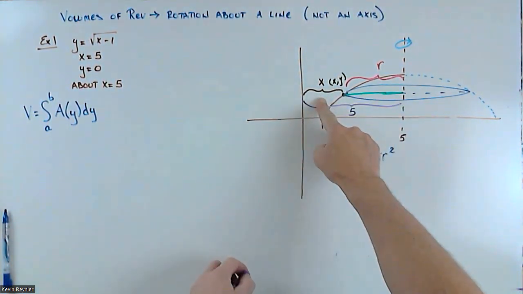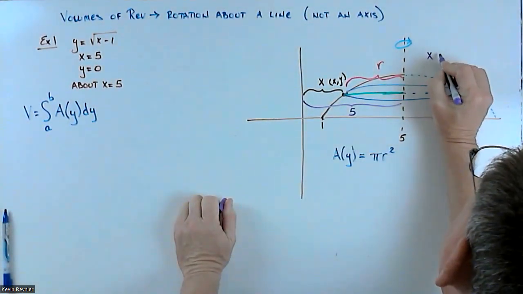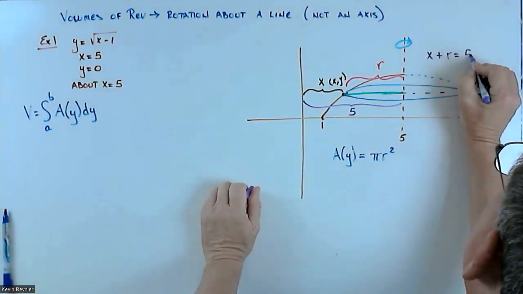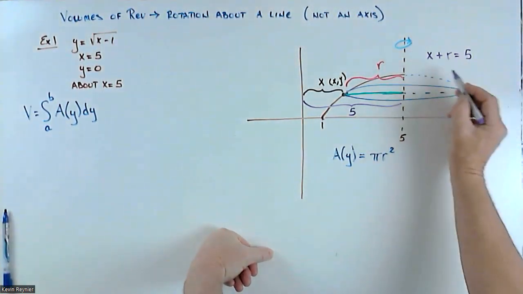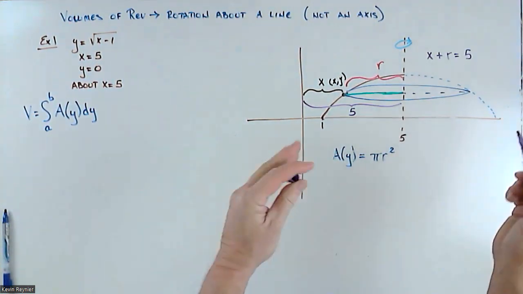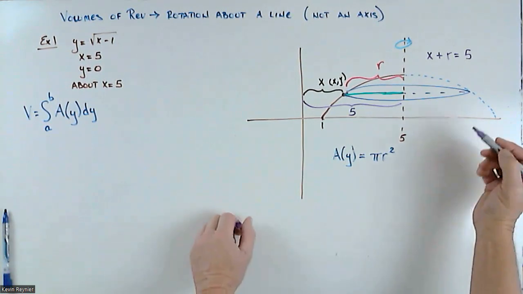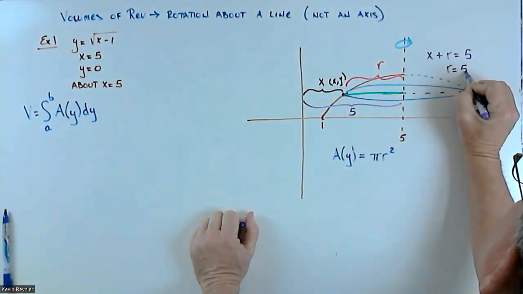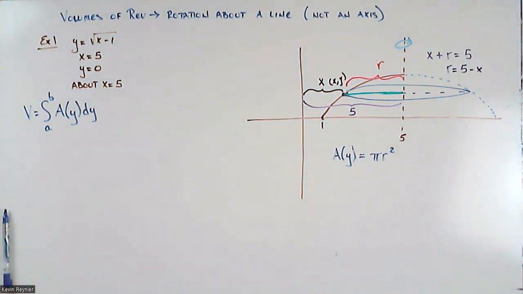So the little x bracket plus the little r bracket equal the big bracket, which is 5. This equation will pop out every time you do a problem and you rotate around a line. When I solve this, I get r equals 5 minus x, not rocket science.